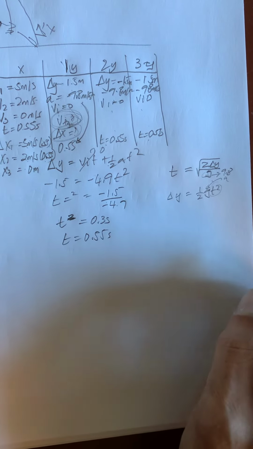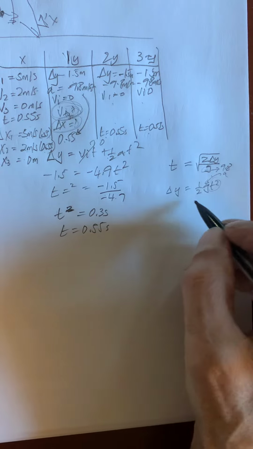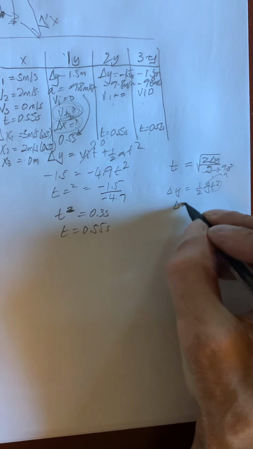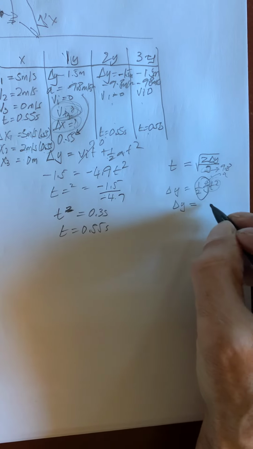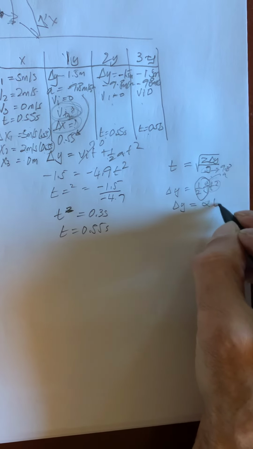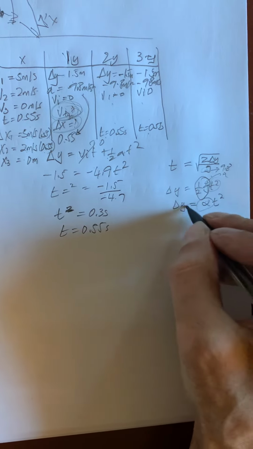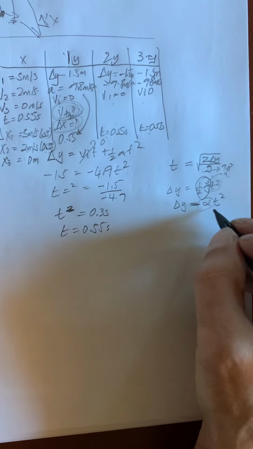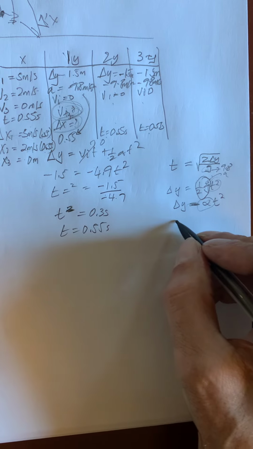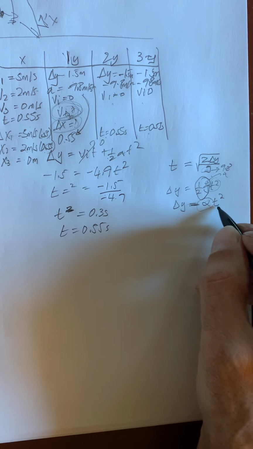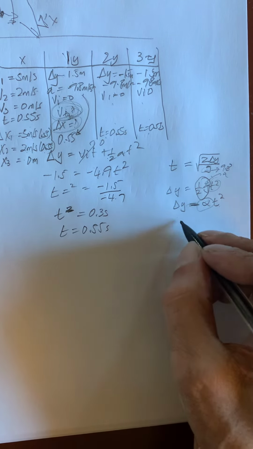So if you look, the relationship between the height goes as some constant times t squared. I just put a constant, or proportional to, t squared. So the change in y is going to go by the square of time.